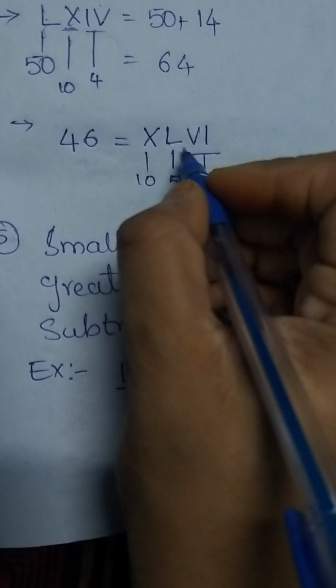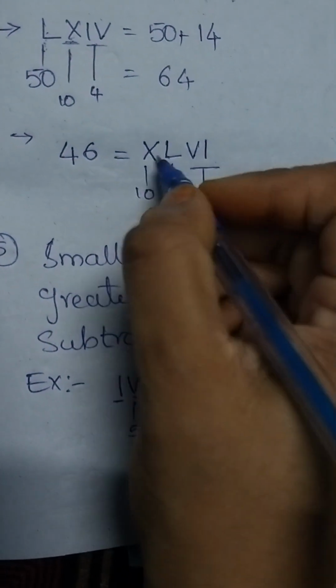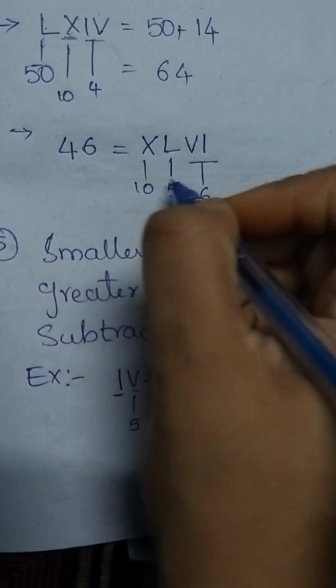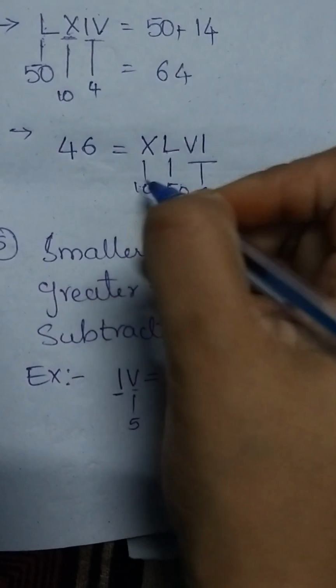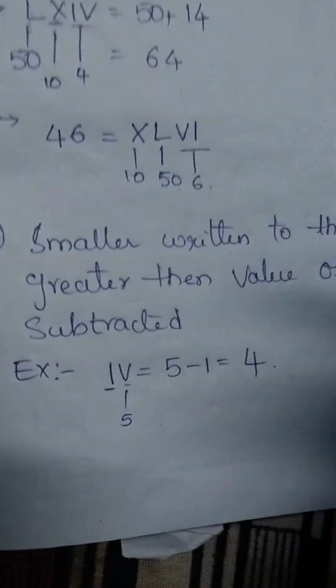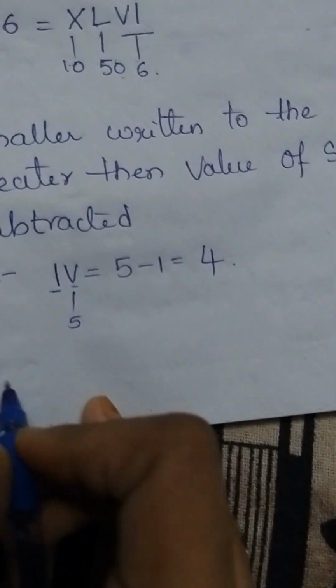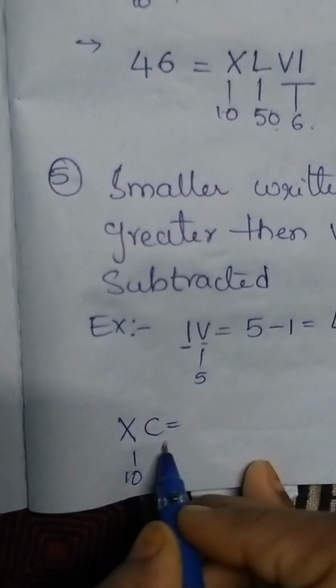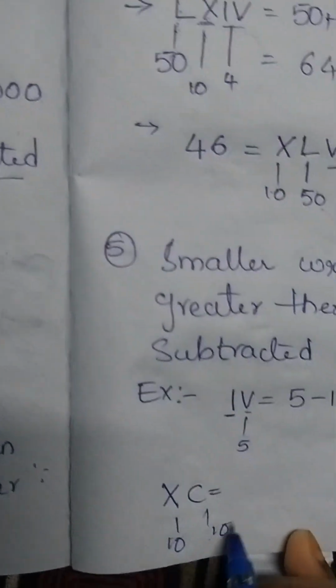Here also the same, children, smaller is left. Here it is greater. So we have to subtract this. 50 minus 10, 40. 40 and 6, 46. Okay, like that. Another example I will show. XC. What is the value of X and C? X is 10, C is 100.